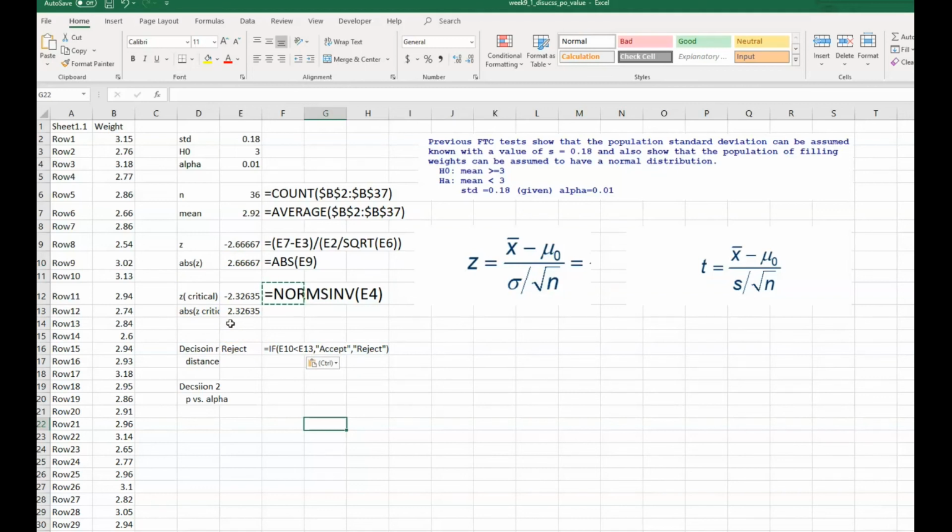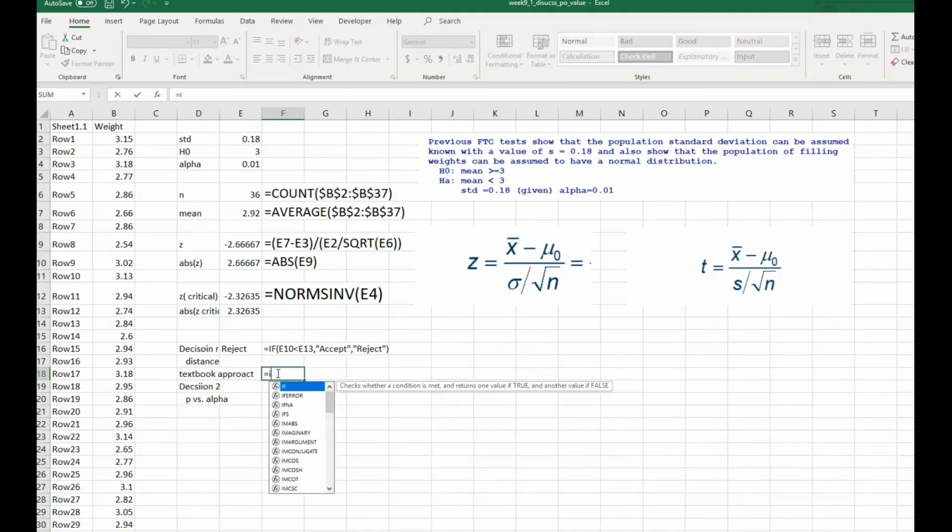Okay, so according to the textbook, it used the Z value compared with critical value, so I'm going to show the textbook approach. The textbook approach is if Z with sign is less than negative critical value, we reject.